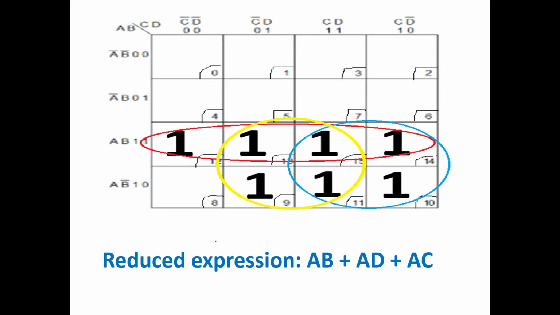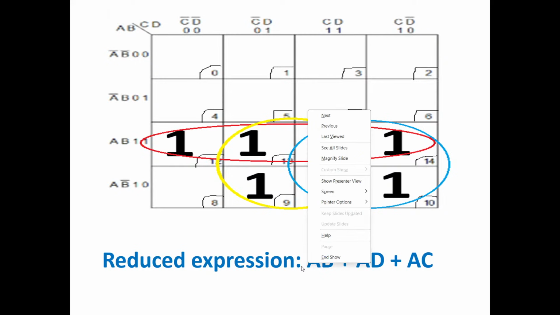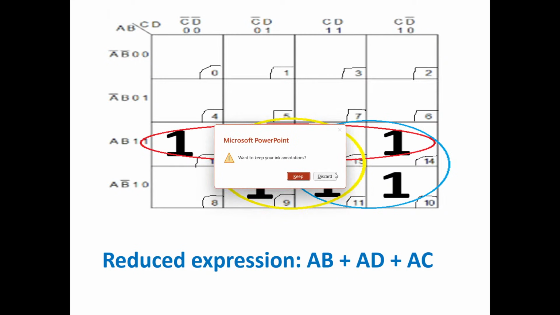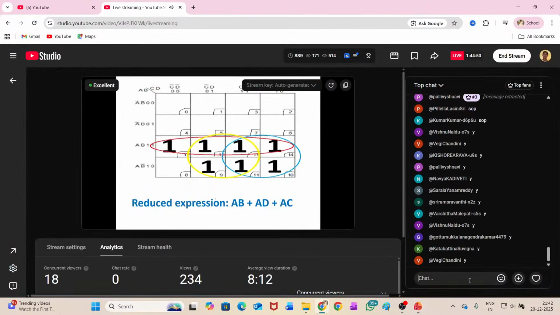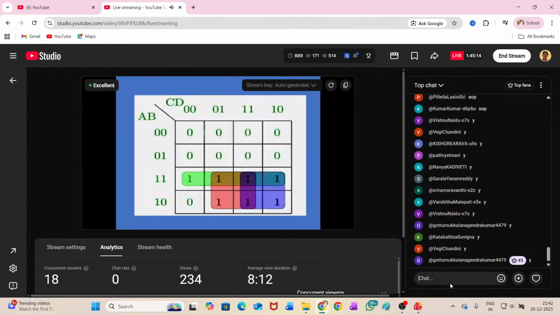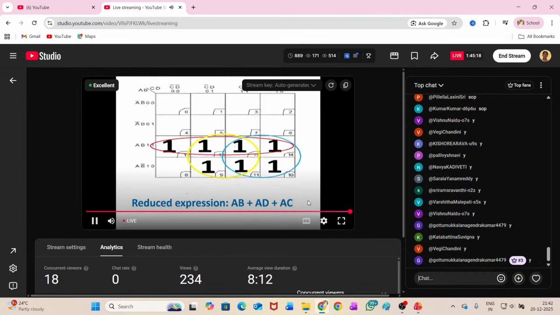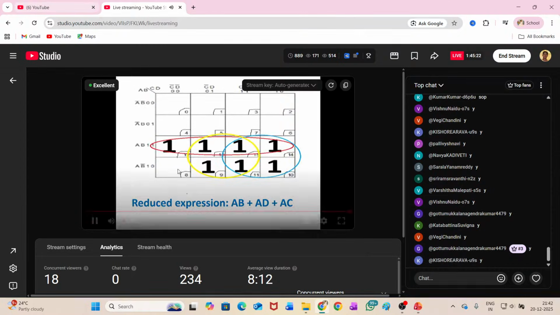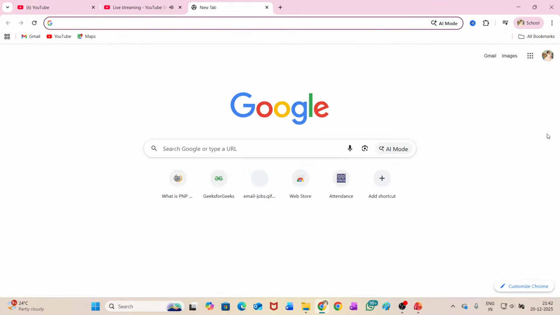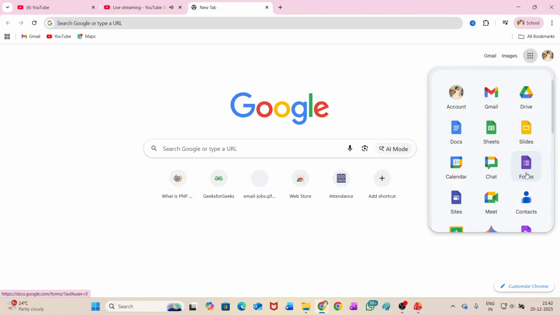Are you able to follow or not? Don't just type Y, write something so that I will come to know you are able to follow. I will create the Google form and forward it to you.